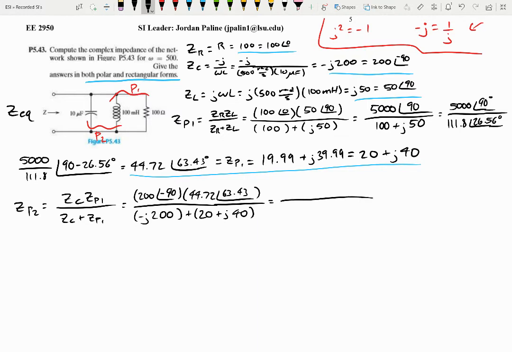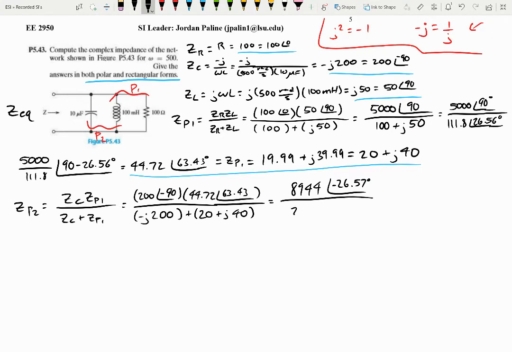When we multiply our values out, 200 times 44.72 gives us 8944. We add our angles, 63.43 minus 90, to get negative 26.57 degrees.